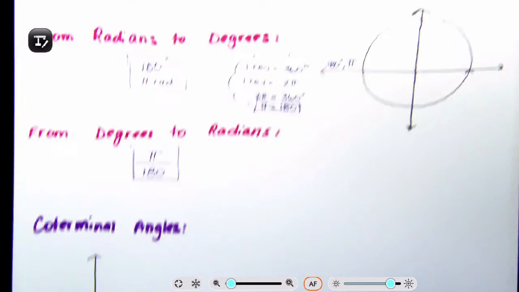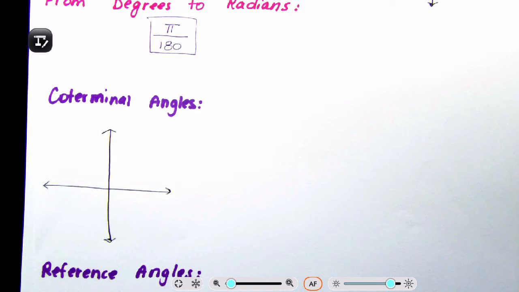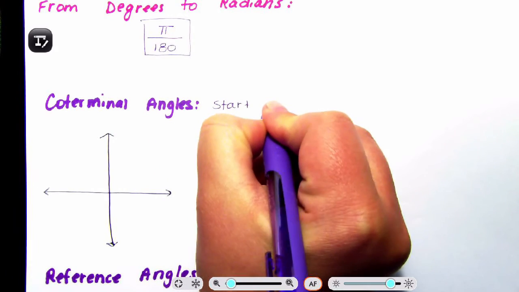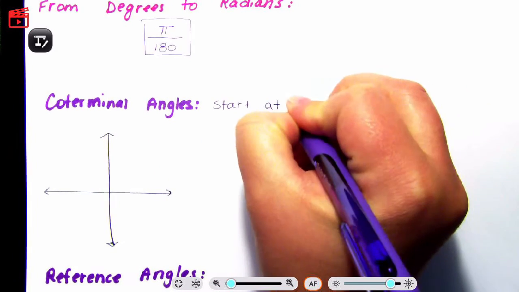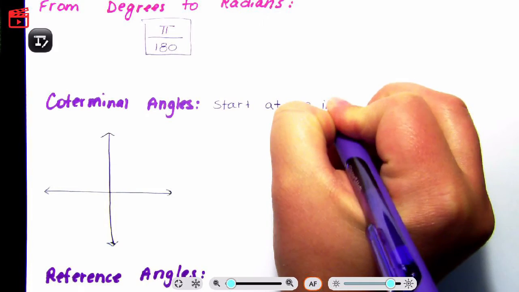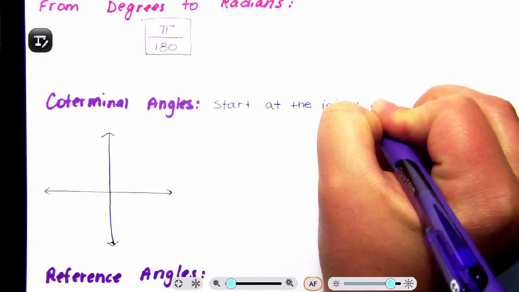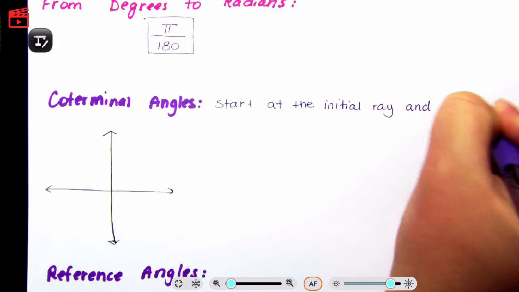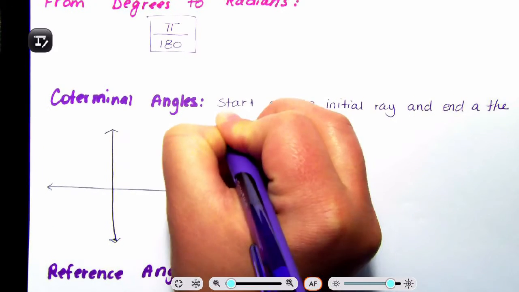Now let's talk about coterminal angles. Coterminal angles and the next one, reference angles, sometimes get confused because of just the terminology. Coterminal angles start at the initial ray and end at the terminal ray.